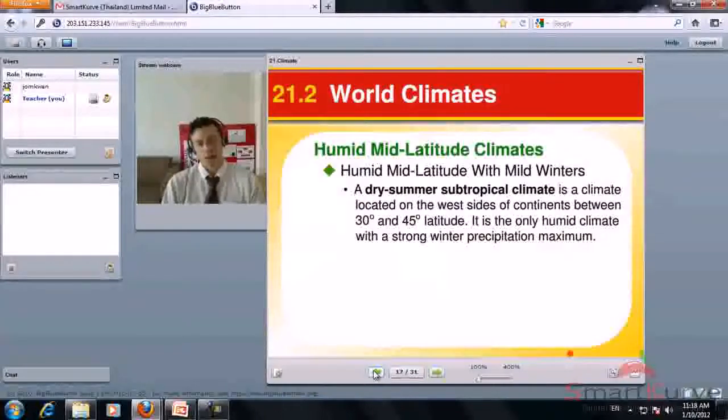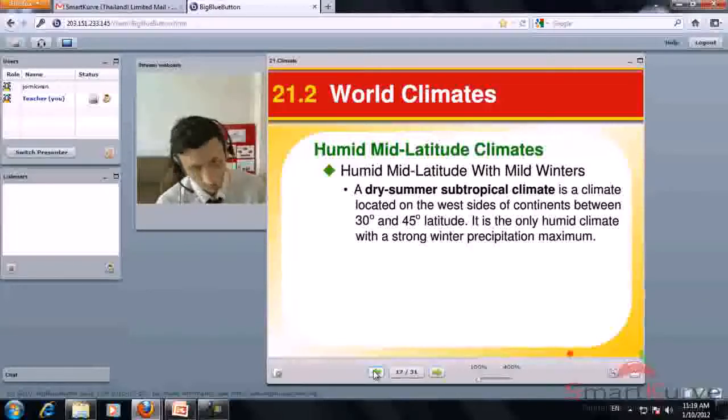But the next point to make, a dry summer subtropical climate is a climate located on the west sides of the continents between 30 and 45. It is the only humid climate with a stronger winter precipitation maximum. Remember the example of Flagstaff back on slide 5.